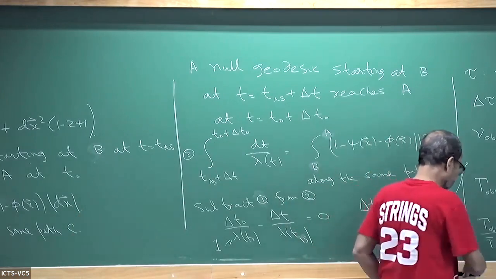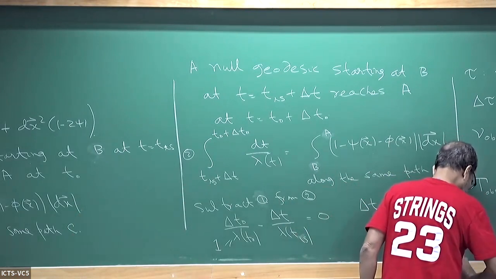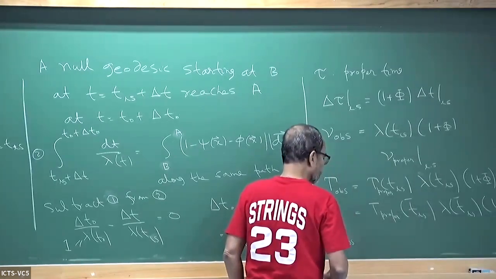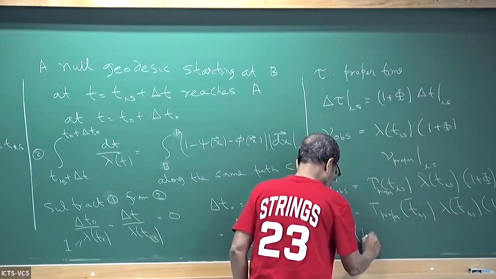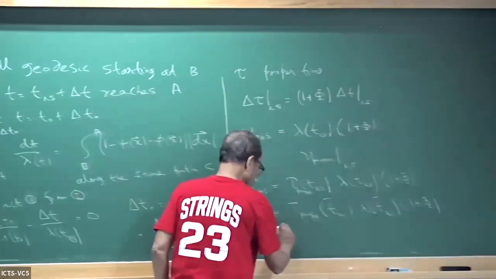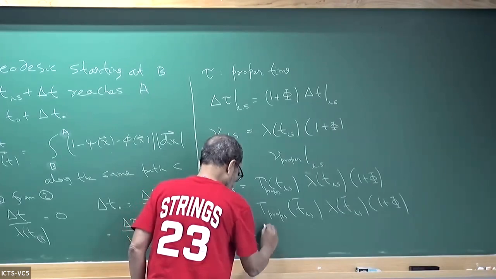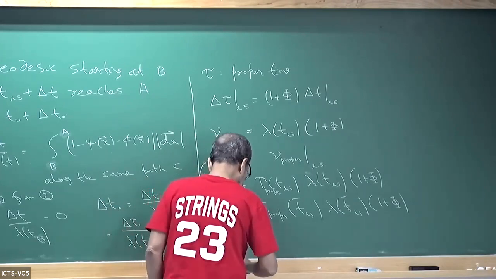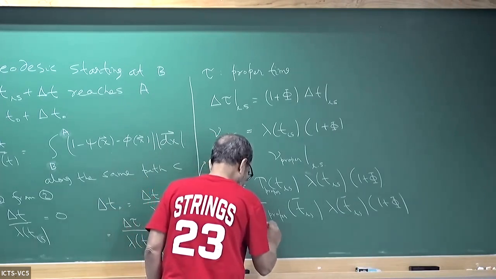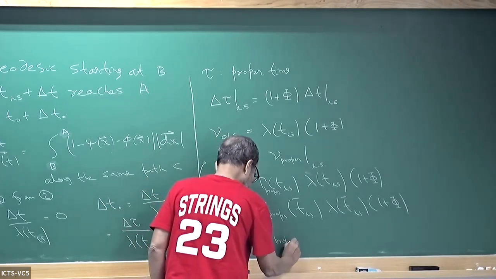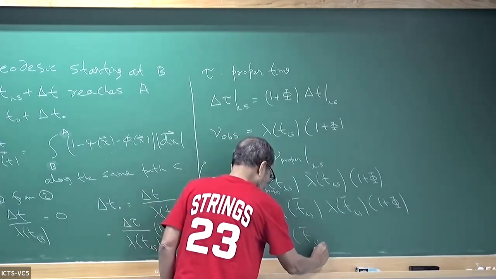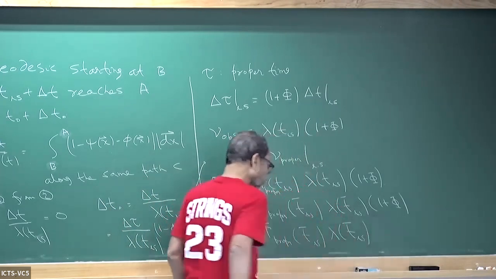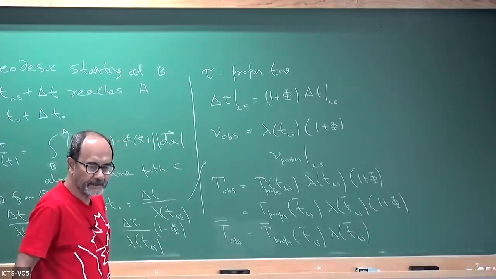Okay, so let me write the expression for T bar observed, then I'll calculate the ratio. So T bar observed is given by T bar proper at T bar LS times lambda of T bar LS, because T bar by definition doesn't fluctuate, right?